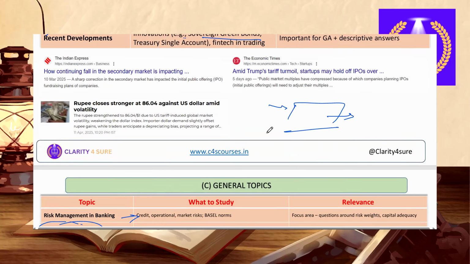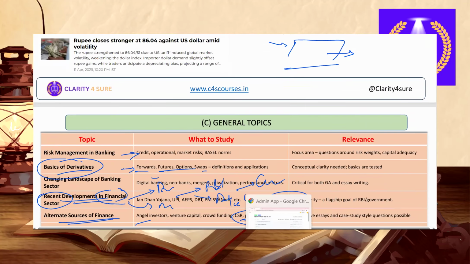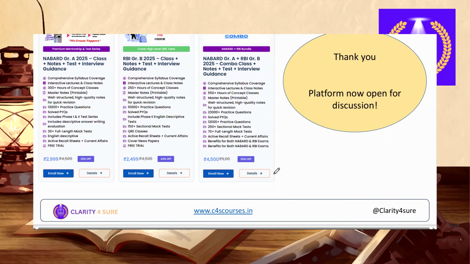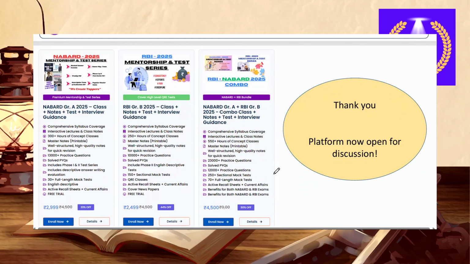This way you can decode your preparation. I am sharing the screen that we are providing to our students in our mentoring support. Apart from the test series program and apart from discussions, we are also providing mentoring support.